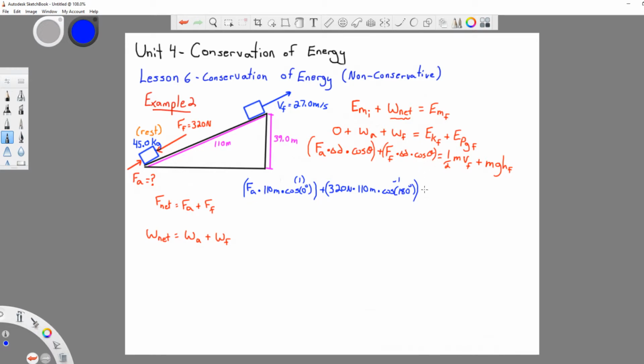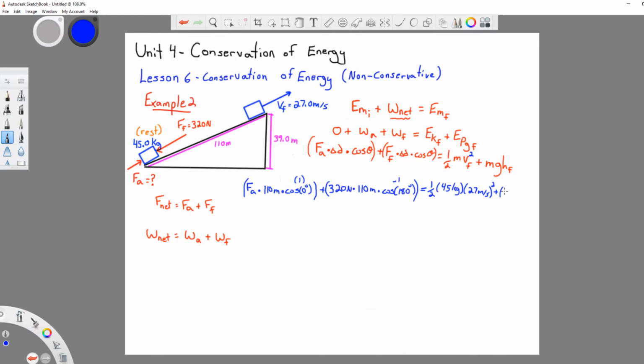Alright, that side's done. You can say this is equal to 1/2 times the mass, which is 45 kilos, times the velocity. I didn't put the squared on here. Times the velocity, which at the top, the final velocity is 27 meters per second. You can square that one, and then add in mass times gravity times height.